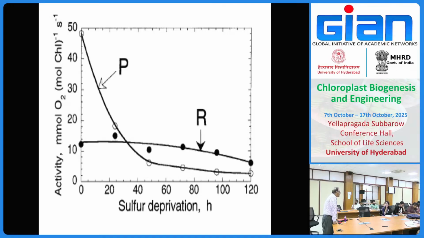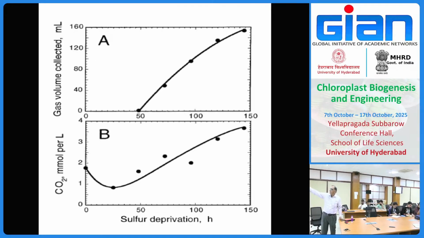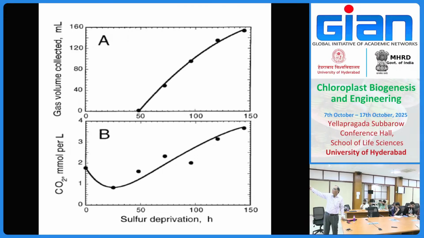So in anaerobic condition, as I told you, hydrogenase can survive. Hydrogenase functions under anaerobic environment. So there is hydrogen production. If you measure the gas volume per ml under sulfur deprivation, you can see the hydrogen gas produced from 50 to 100 hours.